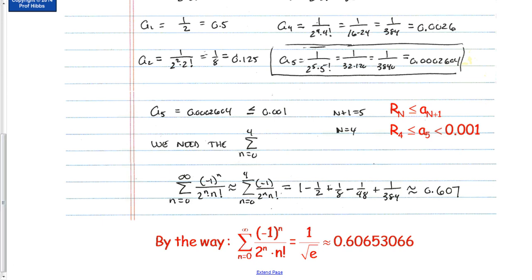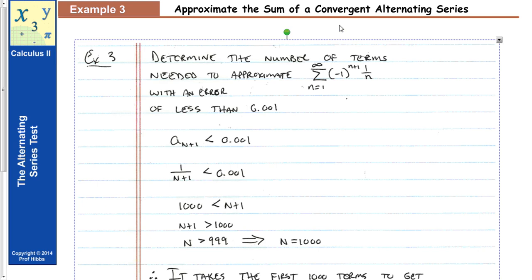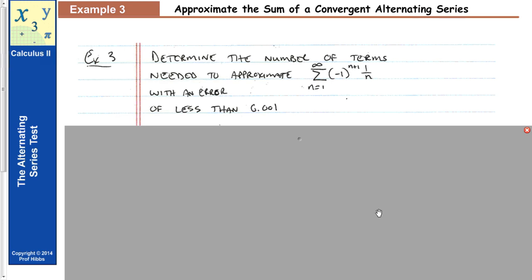Well, the next problem is similar to this, but we use a little more algebra in the process. Let me put up a screen so that we don't see everything at once. If we see everything, it's kind of hard to focus, I think. We're to determine the number of terms needed to approximate this alternating series with an error of less than 1/1000th again.